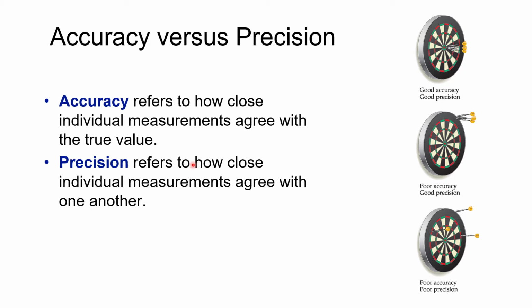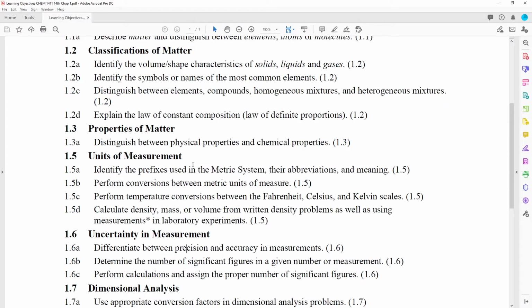They are similar in meaning because they talk about how close values are to some other number, but they have a different meaning. And so I like to use this as a demonstration of our learning objectives. All right, so for this class, I've got a list of learning objectives, and I'm going to pull up the learning objectives for Chapter 1. And you'll see that the learning objectives are listed.